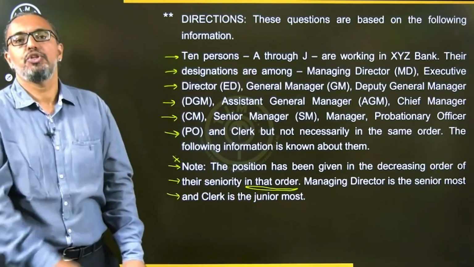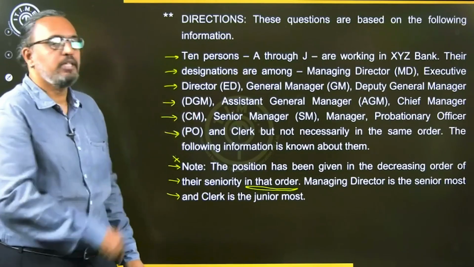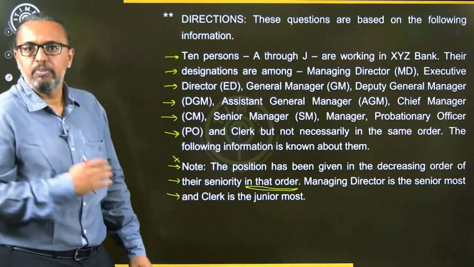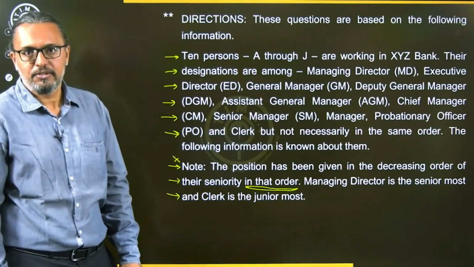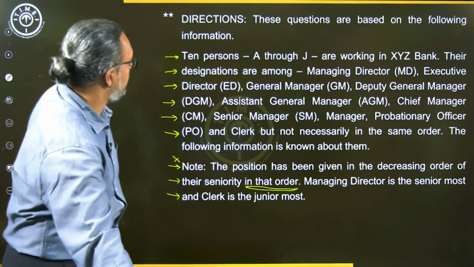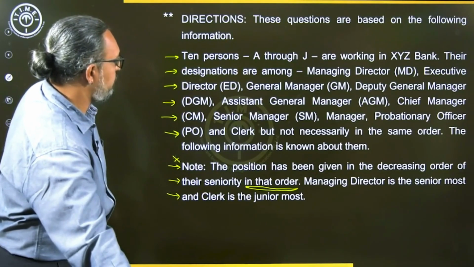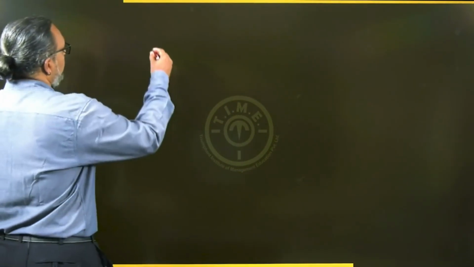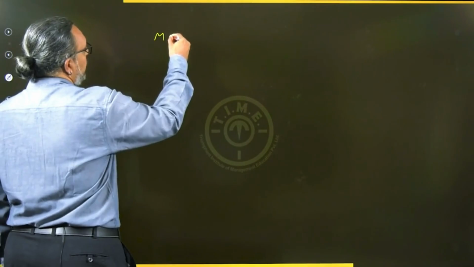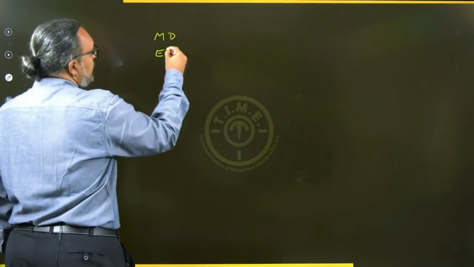So, we fix the designations first and then we go into the conditions for fixing the persons in each of those designations. Okay, right. So, we will start with MD, ED, GM, DGM, AGM.